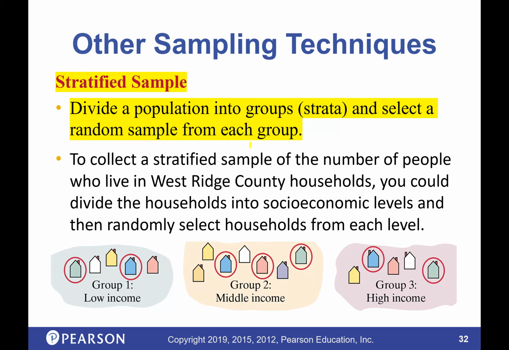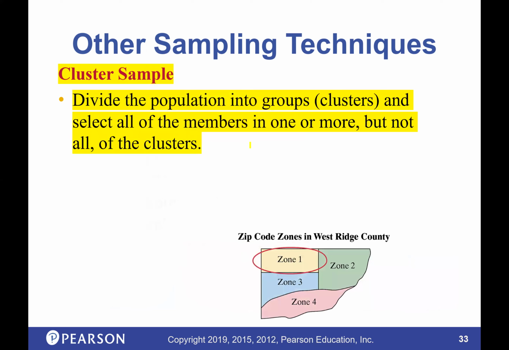Okay, next is cluster sampling. Here it is. You're going to divide the people into groups like you did last time, except instead of taking members from each group, you're just going to focus on one group. This is usually done when it's hard to get to people.